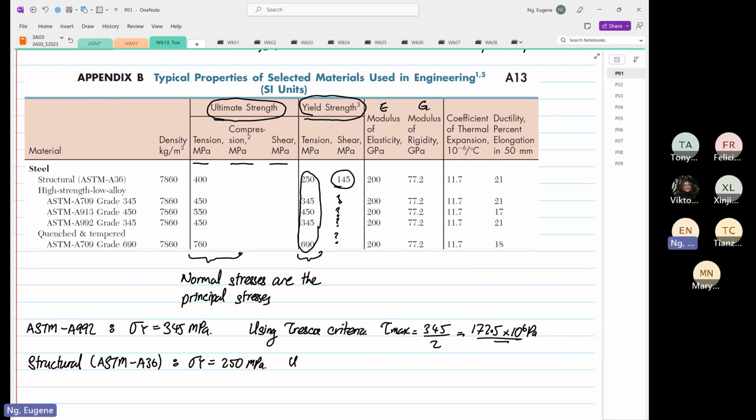If you use Tresca, tau max will be 250 divided by 2, which is 125 times 10 to the power 6 Pascal.